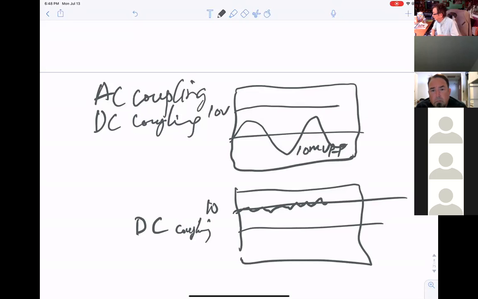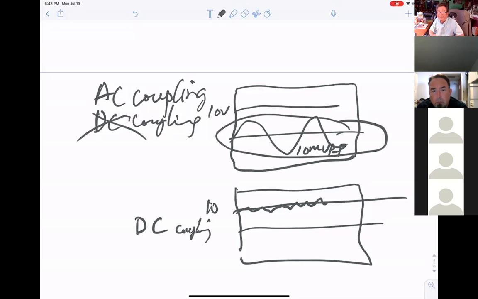However, say I want to measure this AC. Then you must set to AC coupling. AC coupling will block any DC and display only AC. So that's why you can measure it. Understand that?